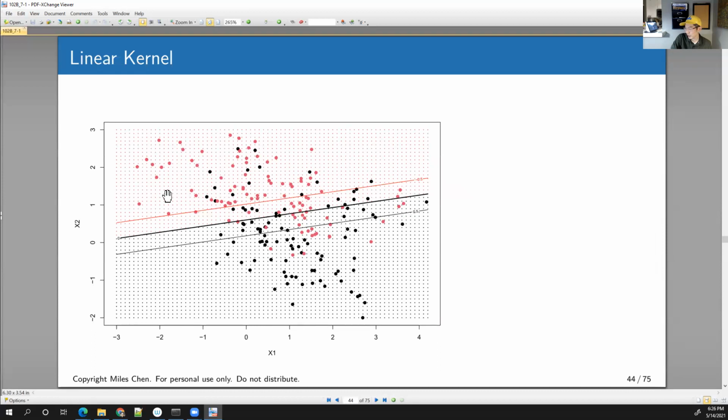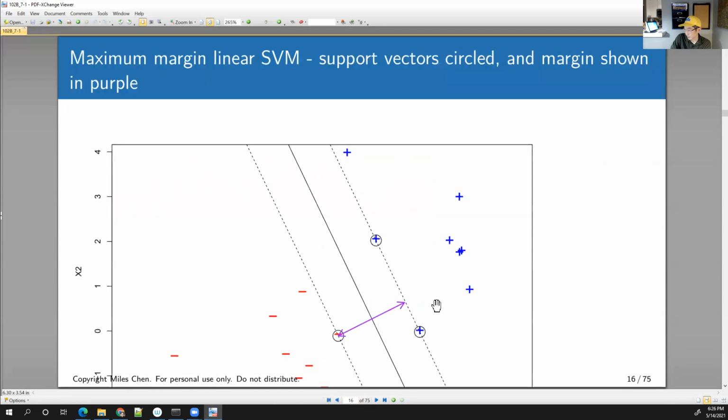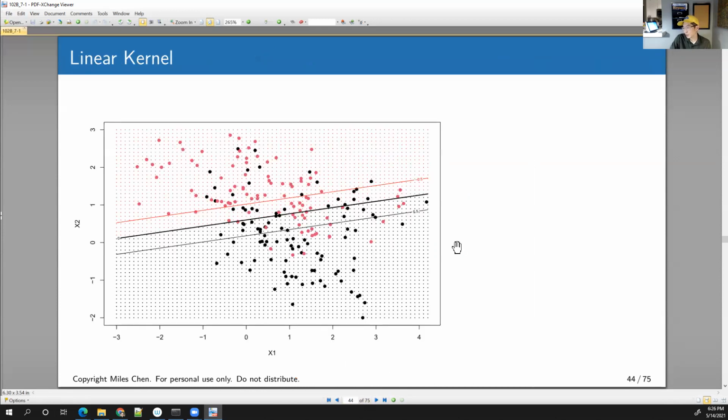Technically, for these parallel lines, I probably should have done 1 and -1, which would have aligned a little more closely with the diagrams I was drawing back here, where this would have been labeled +1 and this would have been labeled -1. But I think I was just following some example that somebody else had where they used the boundary parallel lines of 0.5 and -0.5. And so that's what we have here.